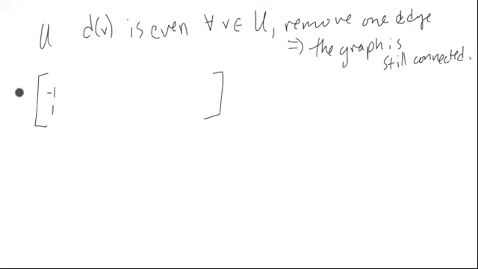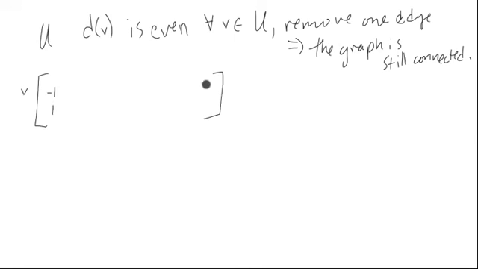And if you look across a row in that incidence matrix, it's going to represent a vertex. If the degree of a vertex is even, then with each edge that touches it, you'll get a 1 or a -1 from it. So you're adding up lots of 1s and -1s.